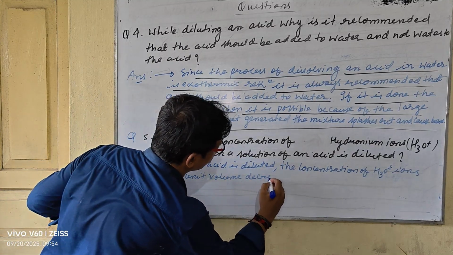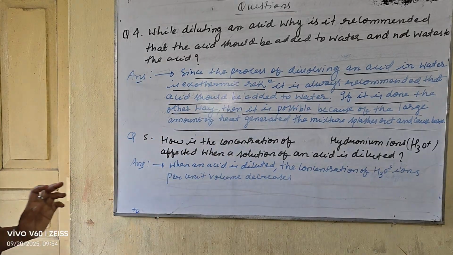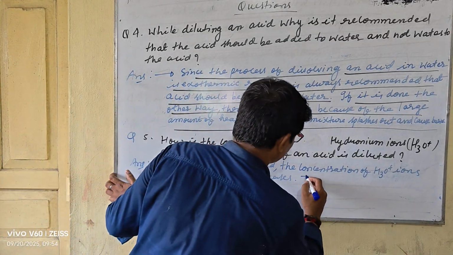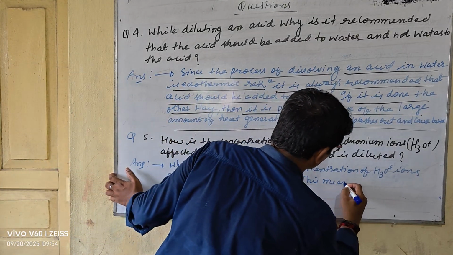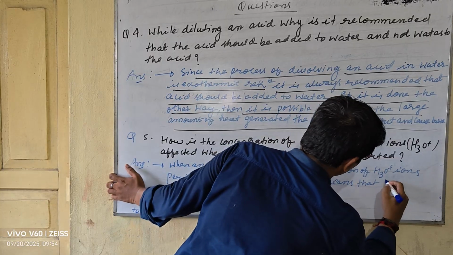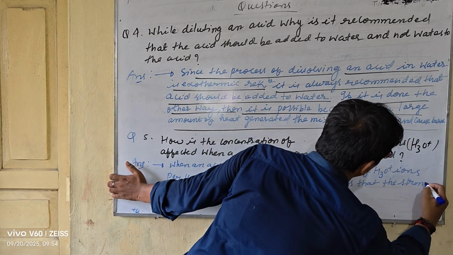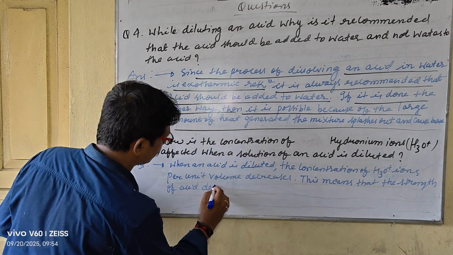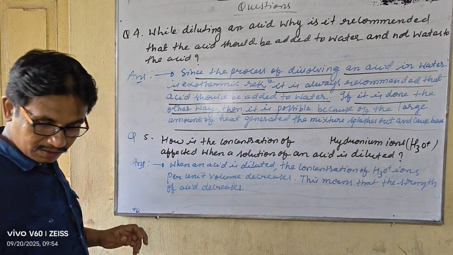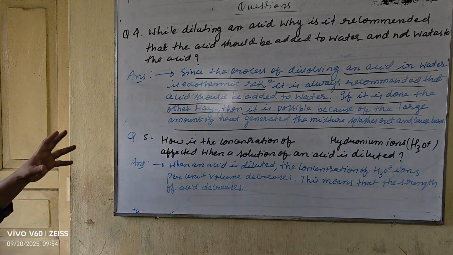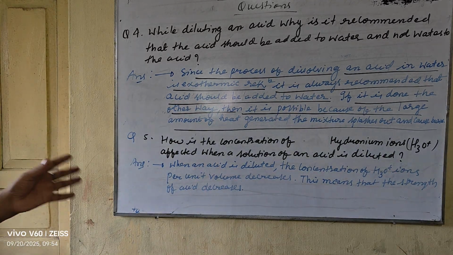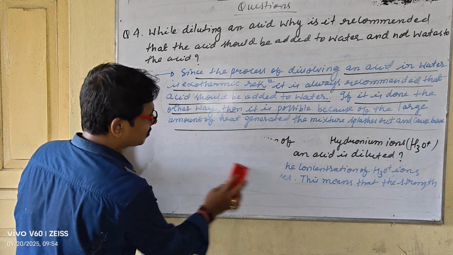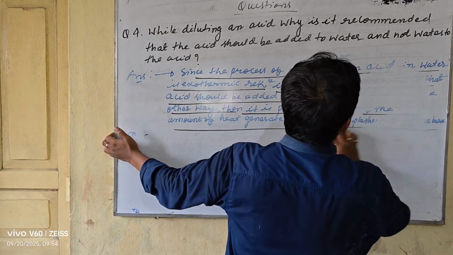This means that the strength of the acid decreases. So when an acid is diluted, the concentration of H3O plus ions per unit volume decreases, which means the strength of the acid decreases when water is added.